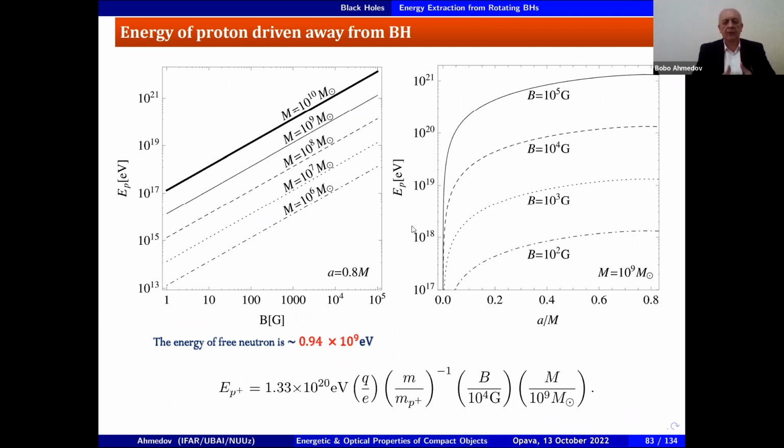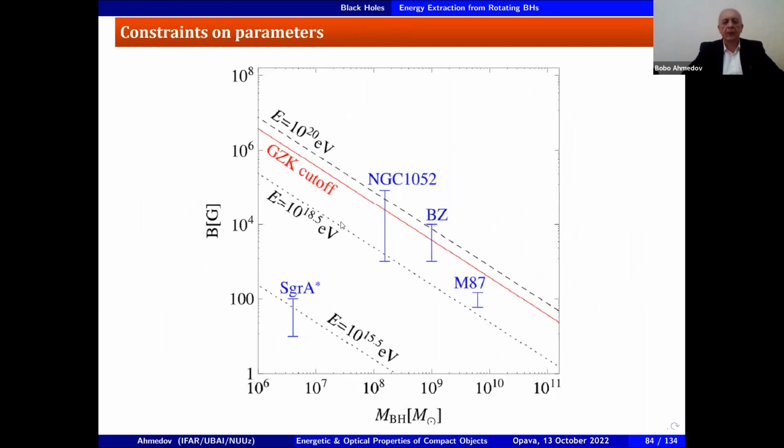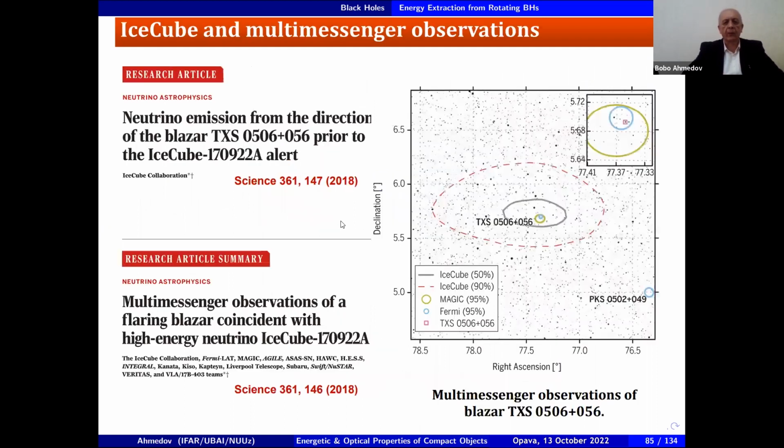It is very inefficient, and it was shown in collaboration with Silesian University that the magnetic Penrose process can be very efficient to extract energy from the particles and to accelerate them to very high energies, for example, to the energy of 10 to the power 20 electron volts.